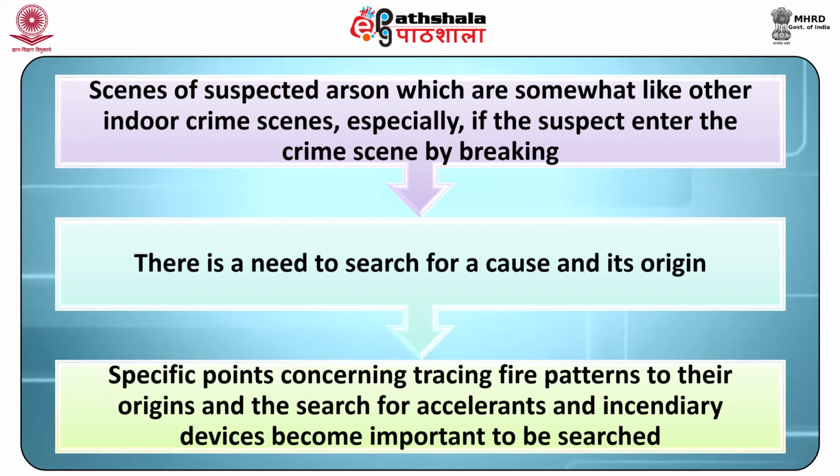Specific points concerning tracing fire patterns to their origins and the search for accelerants and incendiary devices become important. It is also important and relevant to search a suspected person for useful physical evidence, particularly in sex or other crimes where contact with the victim is required to be established, so hairs and fibers should be searched.